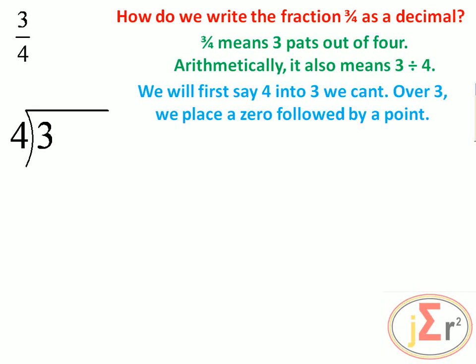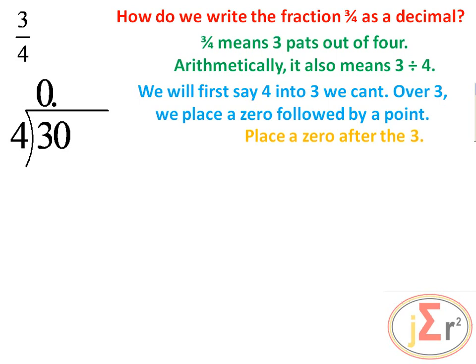So we place a 0 and a point after the 3. So we first say 4 into 3, we can't. Over 3, place a 0 followed by a point.